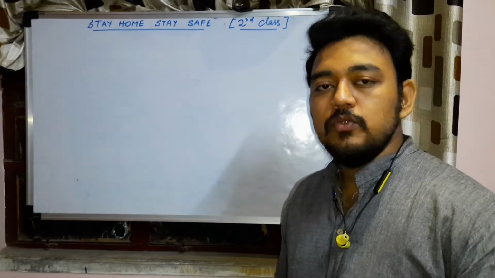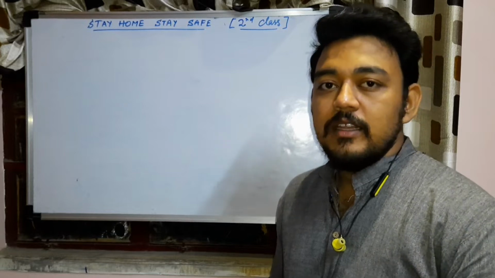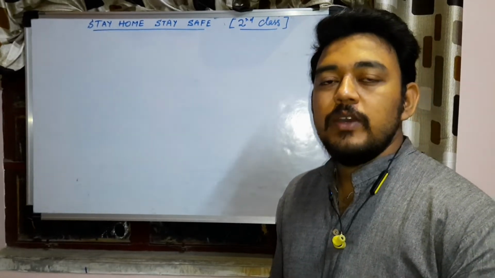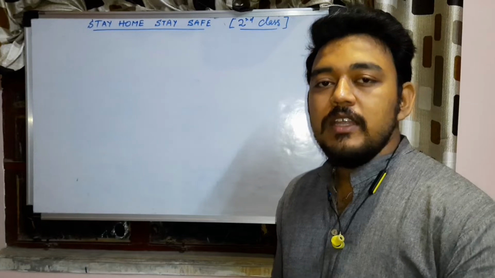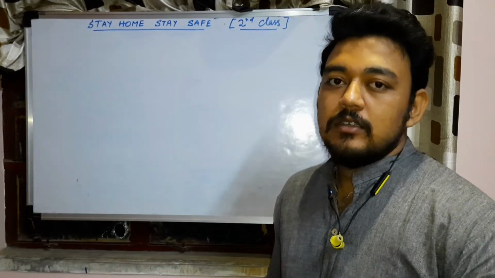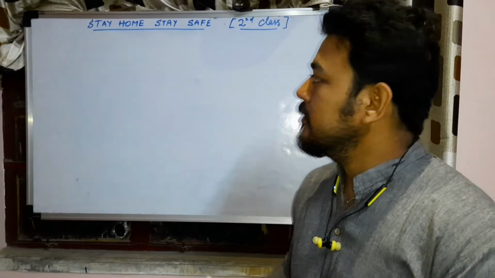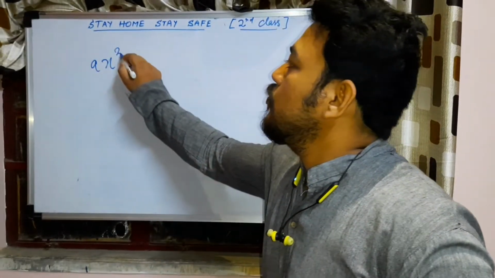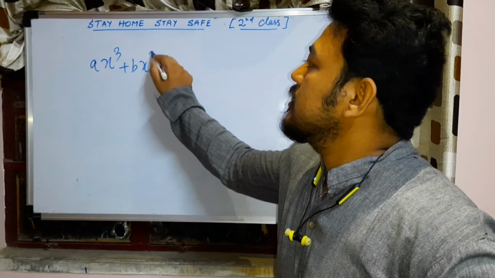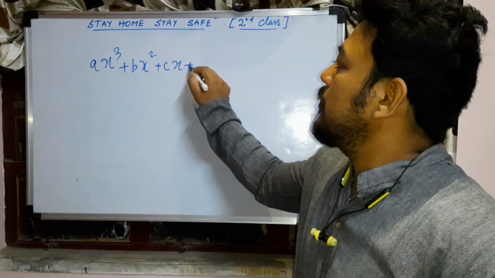Here also you will use the basic things of class 9, but here we will do only the factorization of a polynomial function of degree 3, that is represented by ax cube plus bx square plus cx plus d.